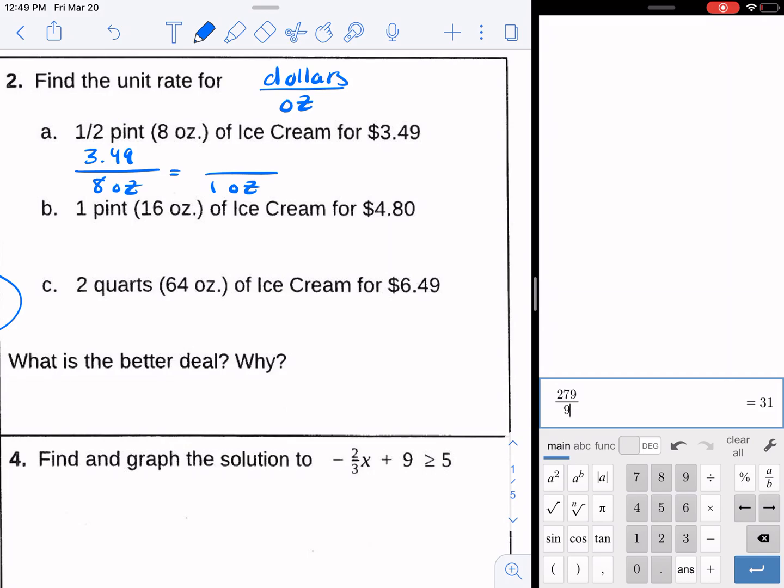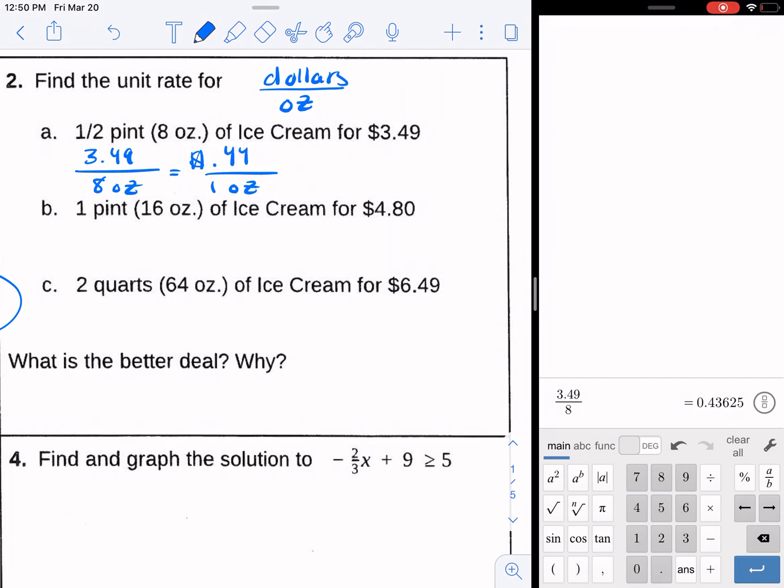So $3.49 divided by 8 ounces, and you get that number right there. But remember, this is money, so I'm looking at 0.436, but we're going to round the 3 up, so it's going to be 0.44, just 44 cents. So that's the first one.